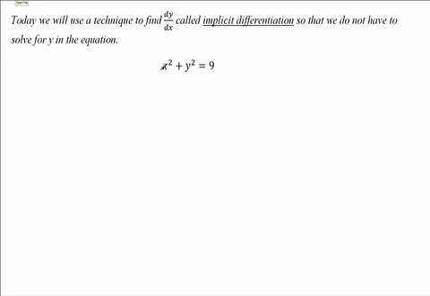Okay, and what implicit differentiation does is take the derivative of each component with respect to x. So for instance, this would be 2x, and the chain rule would demand that we write dx/dx, plus 2y, well, the variable we took the derivative of is y, so behind that we write dy/dx, and of course this equals 0.